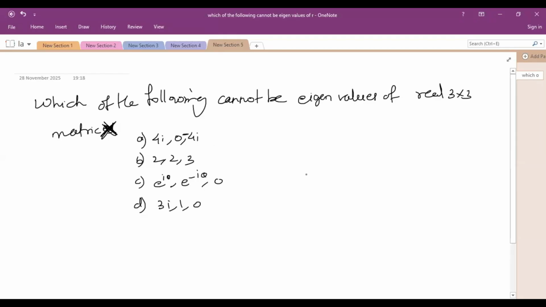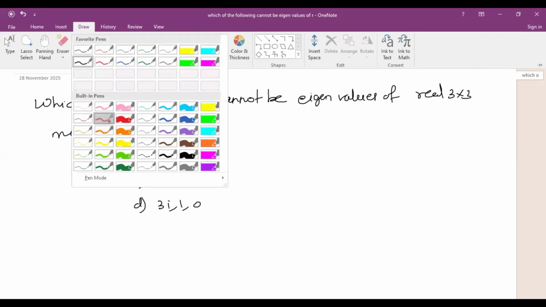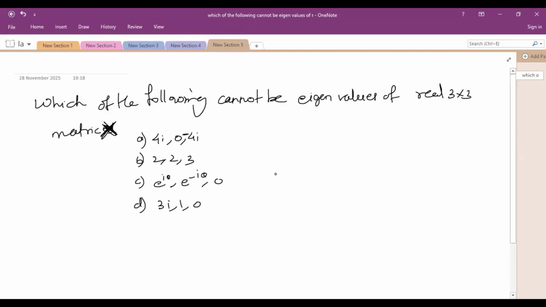So what is the reason to claim that? Because here the matrix entries are real, and in their characteristic polynomial, the coefficients must be real.